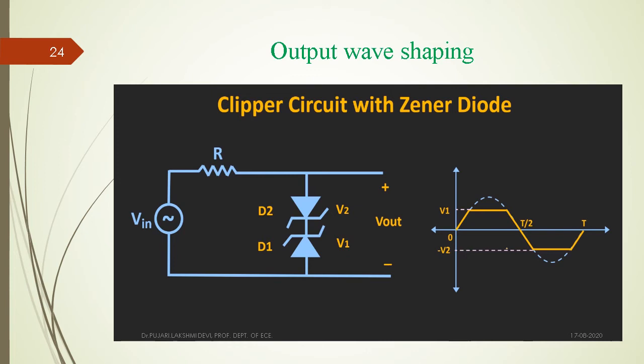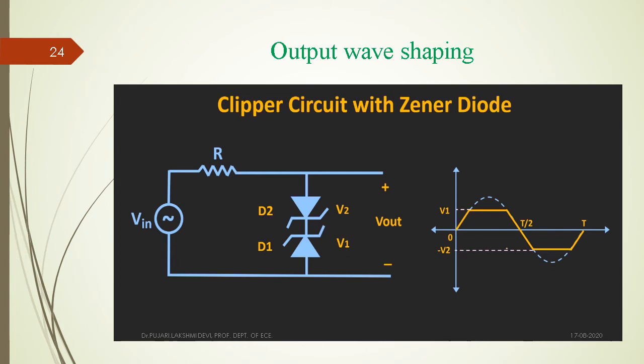Similarly, if you observe here, D2 and D1, two Zener diodes, are connected back to back. That means the anode of D1 is connected to the series limiting resistor, and the anode of the other diode is connected to the negative supply of the sinusoidal voltage. Here each Zener diode has its cut-in voltage or Zener voltage.